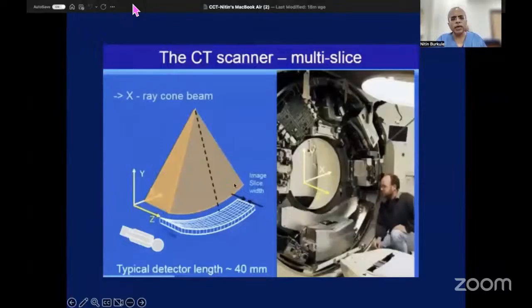This is our X and Y direction of the shoulder to shoulder and the spine to sternum direction, and this is the Z direction, which is the direction of head to foot, and our 64 slices or 128 slices or 320 slices are in the direction of head to foot. So the more the number of detectors in the Z direction, or the more the number of slices, the faster you will cover the heart.